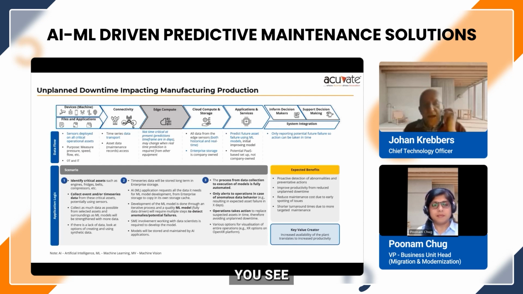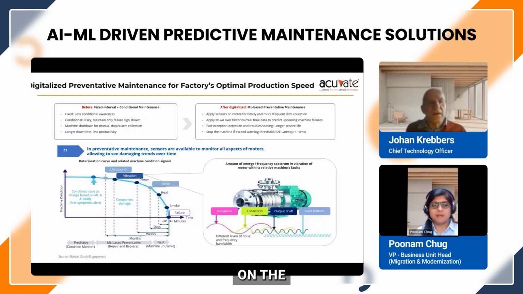On the next slide, you see an example of two flavors. On the left, you see where we're coming from, condition-based monitoring, where you look at particular intervals at what the state of something is. On the right you see predictive maintenance, where you really develop a machine learning model and train it with the help of a data scientist, which Acuvate can deliver, and an SME, a subject matter expert, which you should deliver.